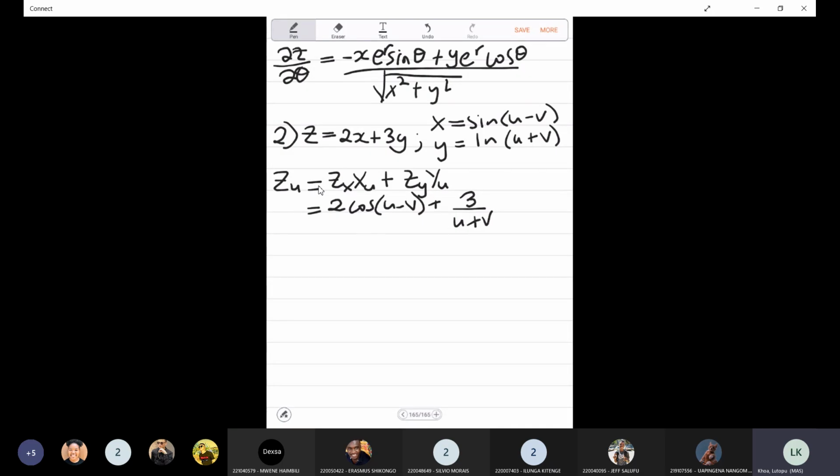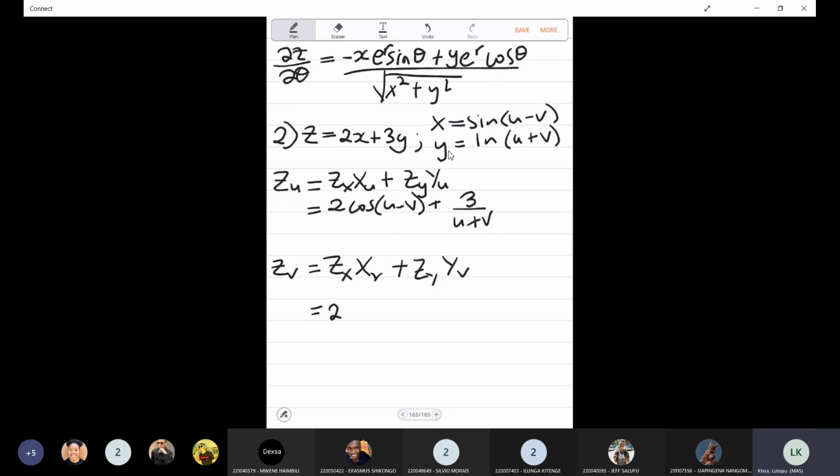Okay, so that is the total derivative of z with respect to u. Then the same thing with z with respect to v. Then we just substitute. We already worked out z with respect to x and z with respect to y, so we can just write them. Z with respect to x is 2.